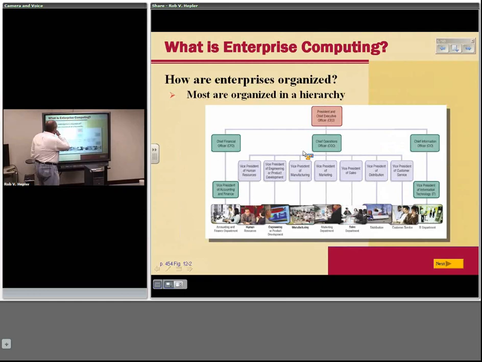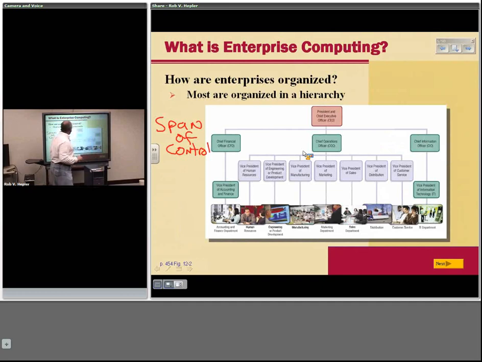So here's an enterprise, and you've all seen these kind of things, I'm sure. Traditionally, companies are organized in a hierarchical structure, and they often talk about span of control, which means how many people can you manage, essentially. How many people can you control, manage.